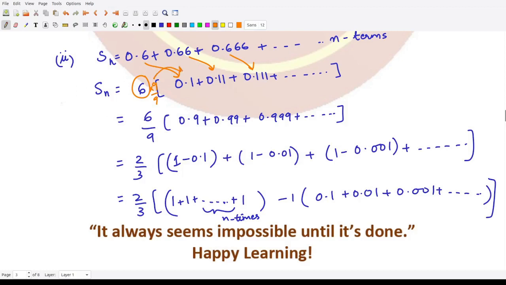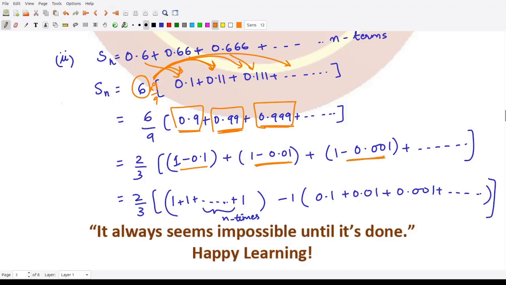Multiplying this 9 inside to each of these n terms, it would be 0.9, 0.99, 0.999 and so on. Now you can write 0.9 as 1 minus 0.1, 0.99 as 1 minus 0.01, and 0.999 as 1 minus 0.001 and so on.